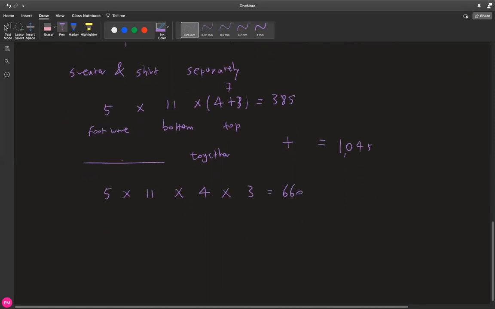So if you're given choices, separate the scenario and combine the numbers later.